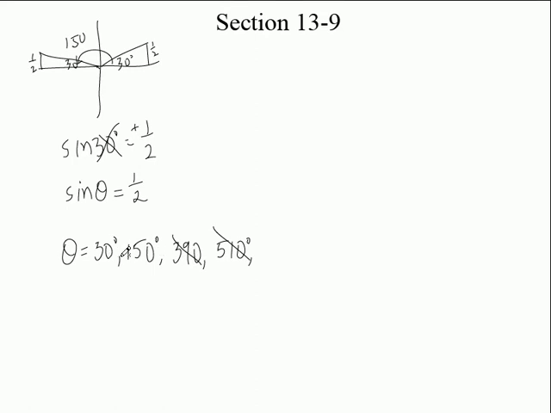I don't want two. Which one would you rather have, the 30 or the 150? Probably the 30, because that's like, what do we call that? There's probably a word for it, but we probably want the smaller one, wouldn't you think? So we'd probably want that angle right there. So we have to figure out some restrictions so that we only have one answer to this.